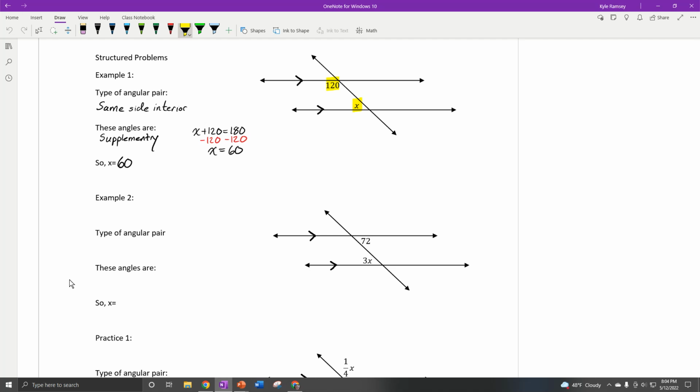All right, example 2. If we look at it, we should see that we have that Z pattern. Like that. So what should that tell us?